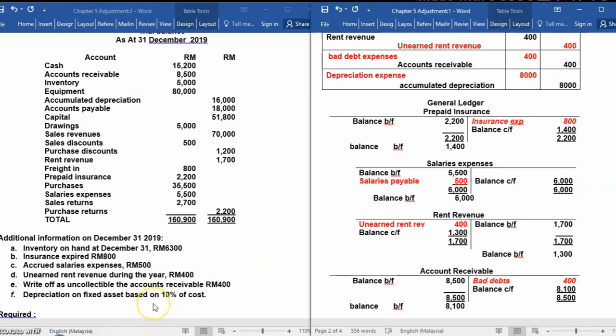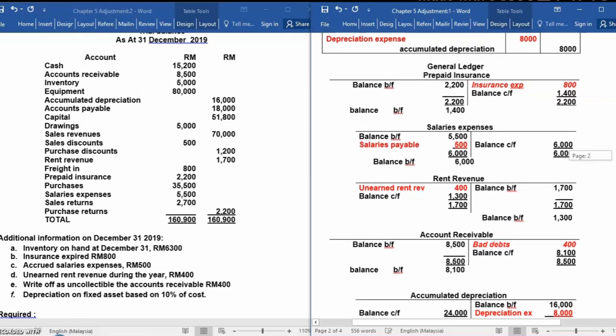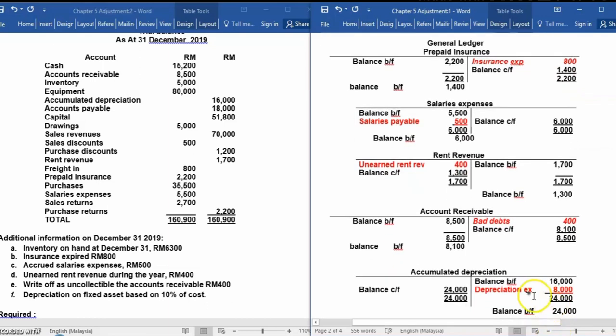Last one, we have to calculate depreciation based on 10% of cost. So the fixed asset, equipment, already has accumulated depreciation. Accumulated depreciation will increase for the accounting period. During the current accounting period, we have to calculate depreciation expenses of 8,000.